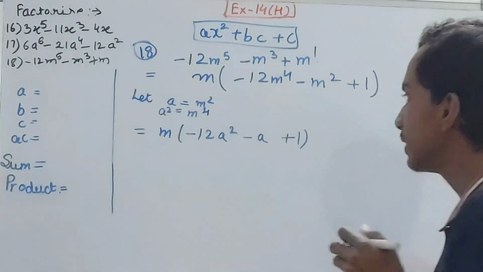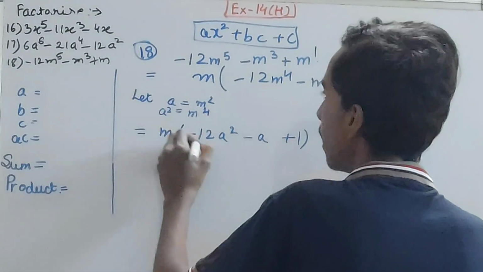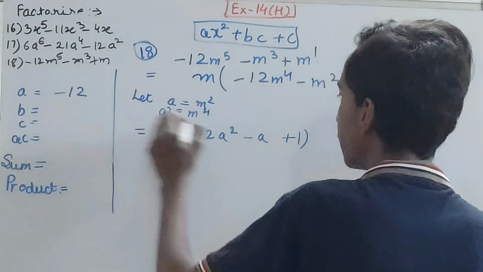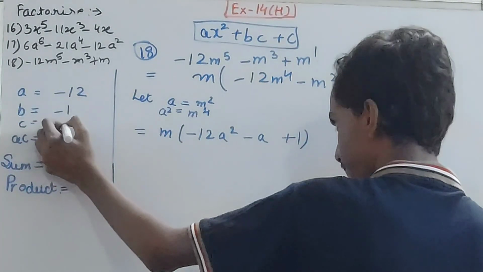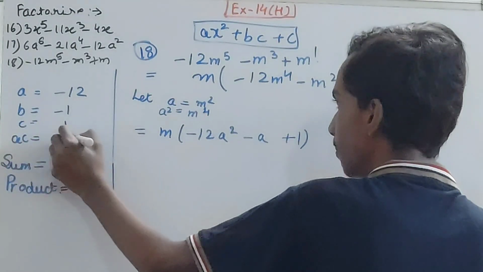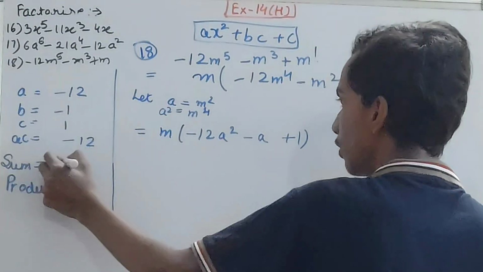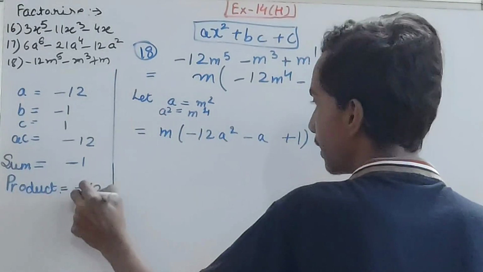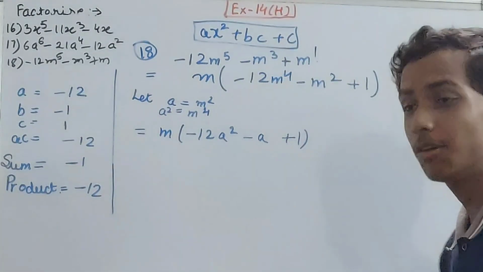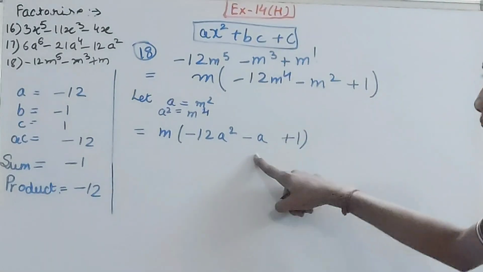Now you can see we have to factorize. So let's write down, in place of a will be minus 12, in place of b will be minus 1, in place of c will be plus 1. ac will be minus 12, so the sum has to be the value of b, that is minus 1, and the product will be the value of ac, which is minus 12. That is how we have to split the middle term.